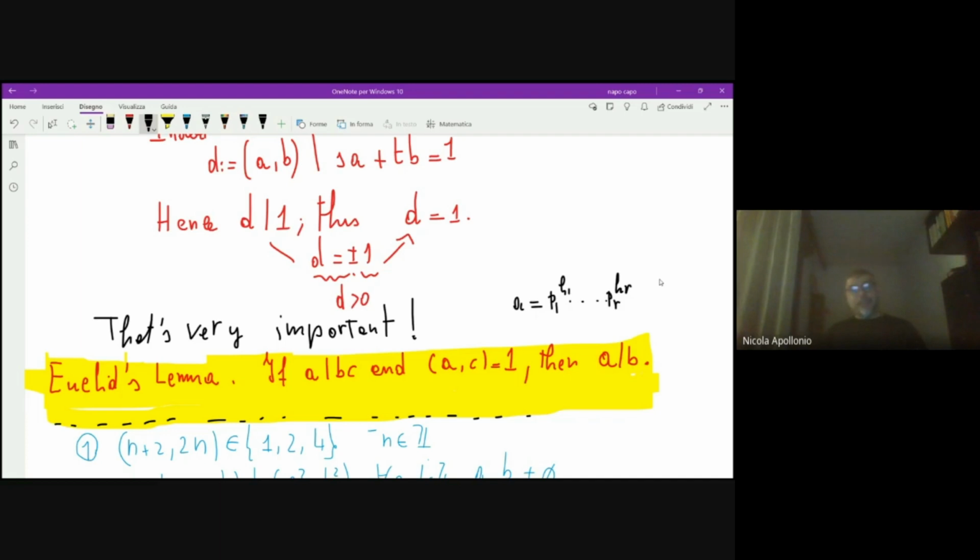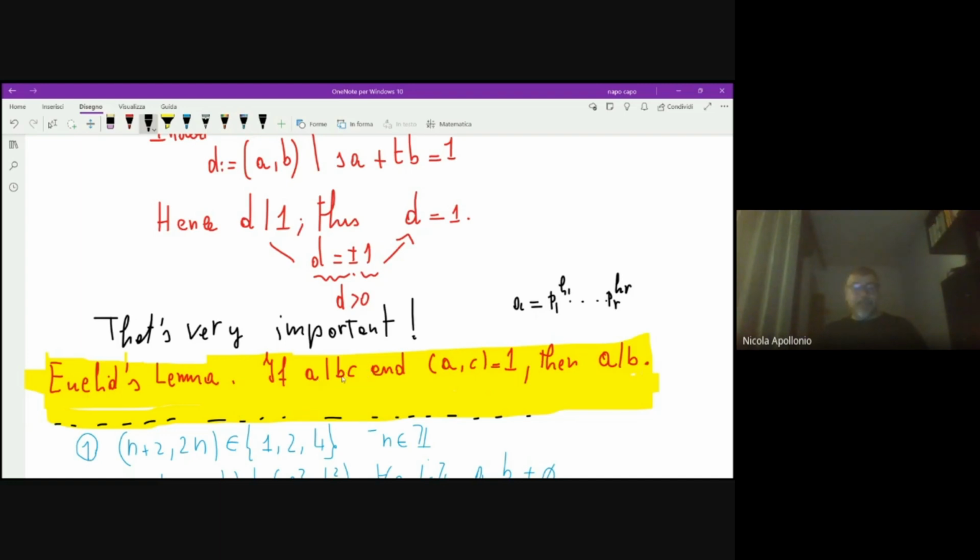Pick a factorization of A into prime numbers, of B into prime factors, of C into prime factors. Of course, the product of B and C is the product of the factorizations. Now, what does it mean that A and C are coprime? It means that they have no prime factors in common.